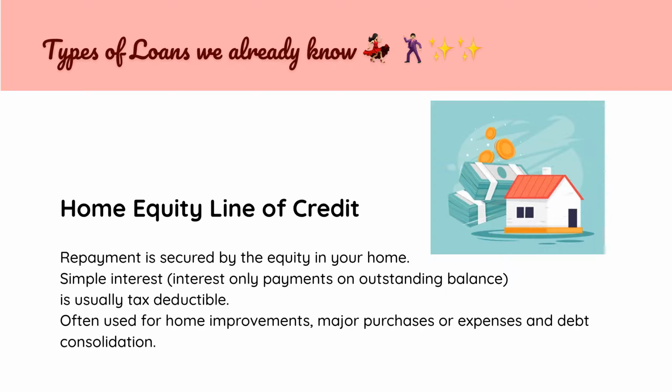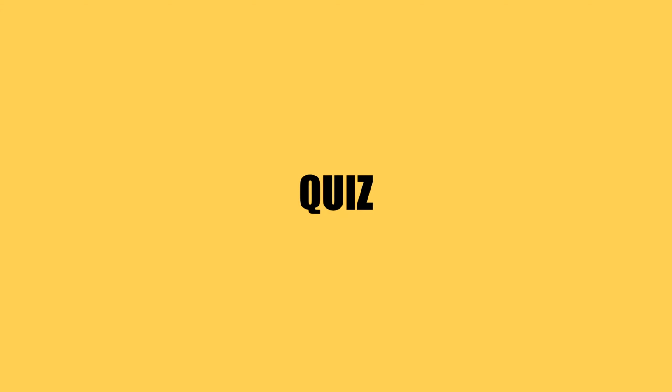There's also the home equity line of credit, which is a revolving account. And for this kind of loan, simple interest on this credit is often deductible. And now let's review a little bit about types of loans vocabulary.